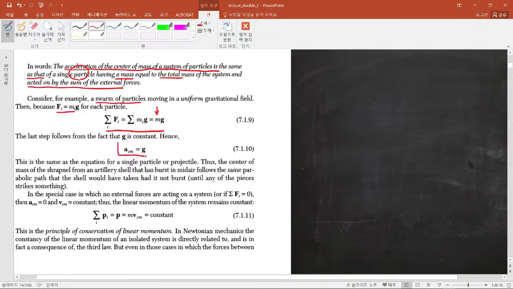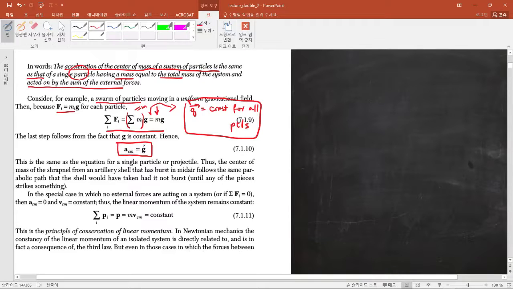Here you use that g is constant for all particles, so g can be taken out of the summation, and the sum gives you m, which is m g. But according to the previous result, this is M a center of mass.